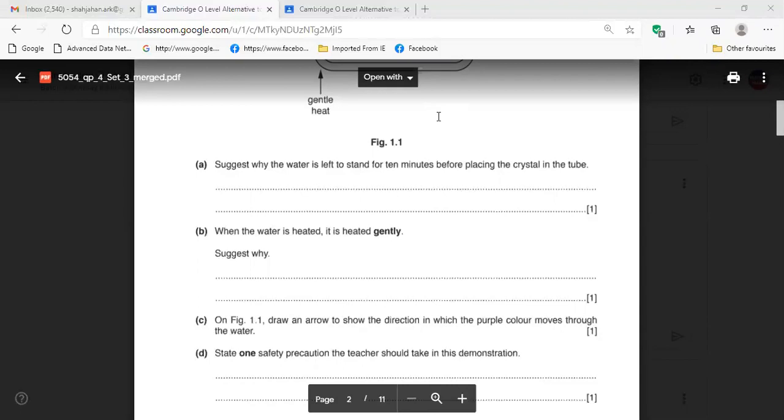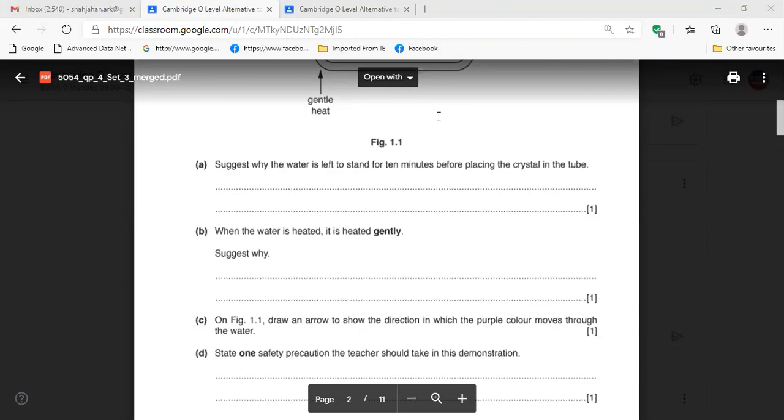Then it is fine. And if we heat it too much, if we are increasing the heat too fast, then the convection process will also be very fast, right?